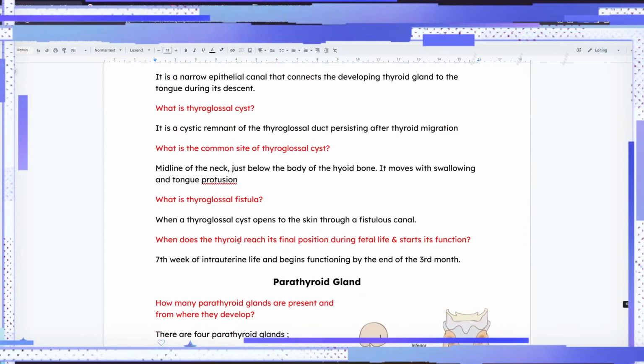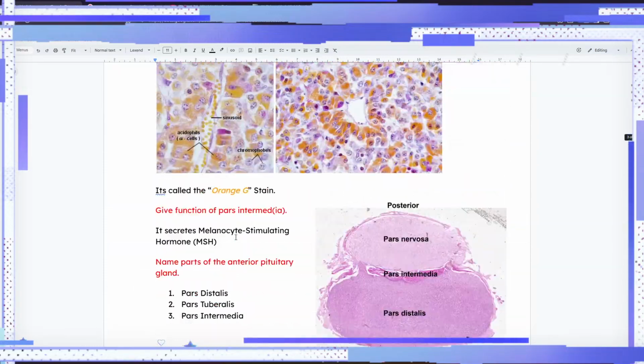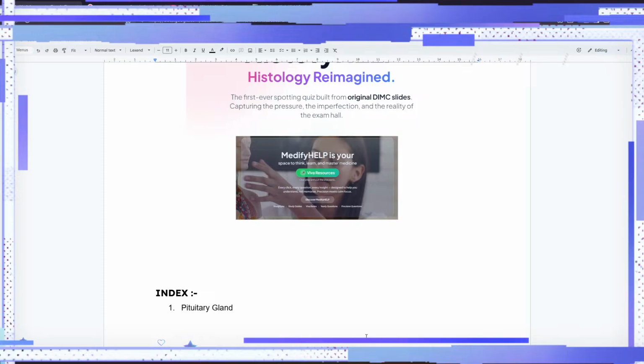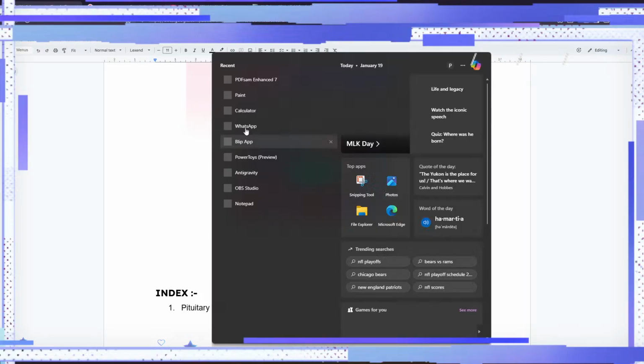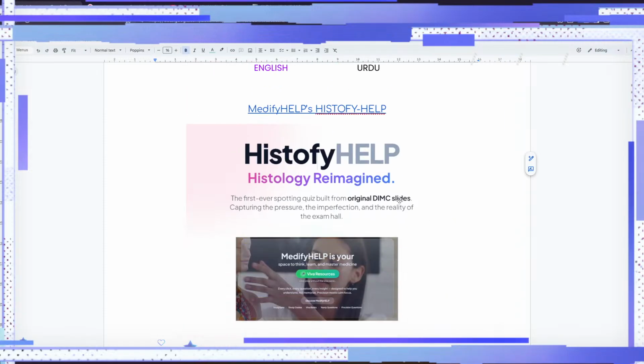Okay, that is it. This is the document. It is done. Wowza. अच्छा, हिस्टोफाई हेल्प का जो लोगो था वो मैं निकाल देता हूँ भाई, व्हाट्सएप से. वो लोगो काफ़ी अच्छा था. So let's just grab that from the Medify Help page, right? Yeah, let's just grab that from there. And love that logo, copy image. And I'm gonna replace this. Yeah.